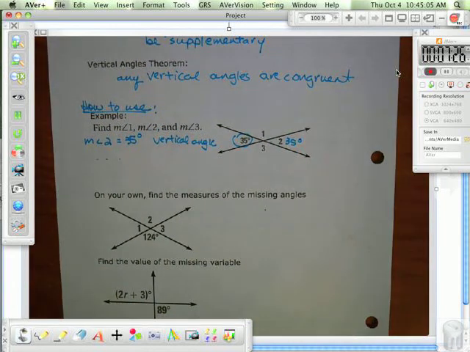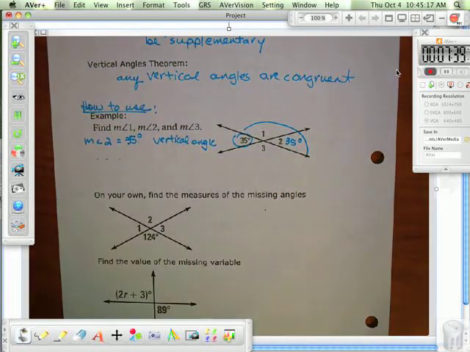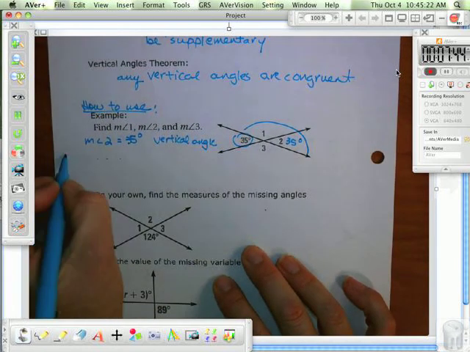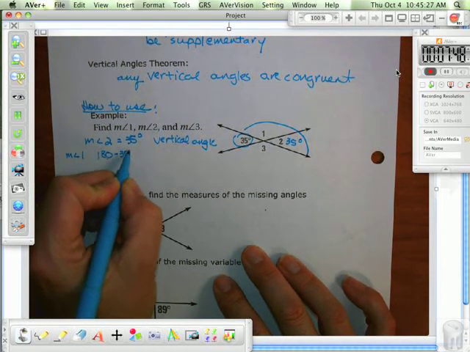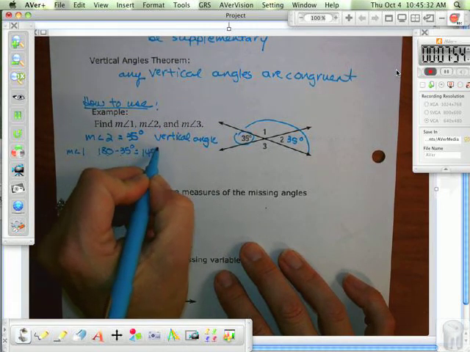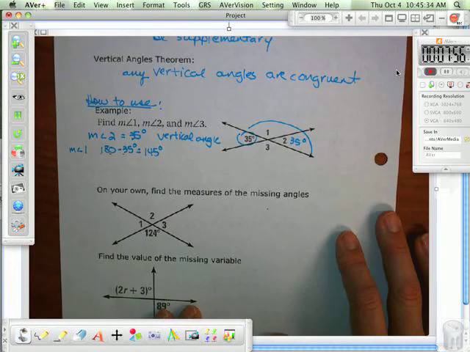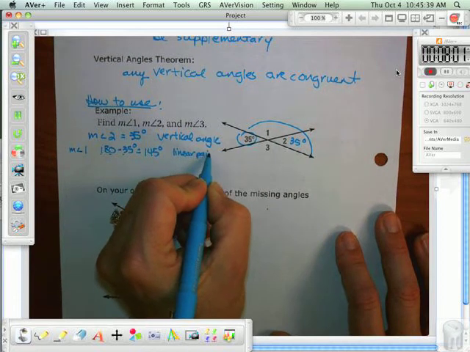All right, what knowledge can you use to find 1 or 3? Right, these are a linear pair, which means they're supplementary. They add to 180. So I'm going to say the measure of angle 1 is equal to 180 minus 35, which equals 145, because they're a linear pair, supplementary.